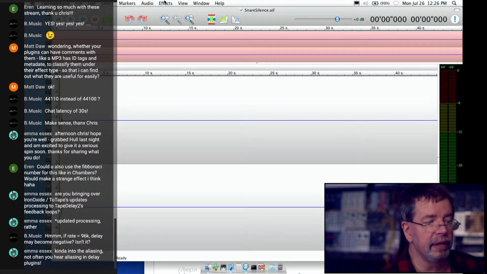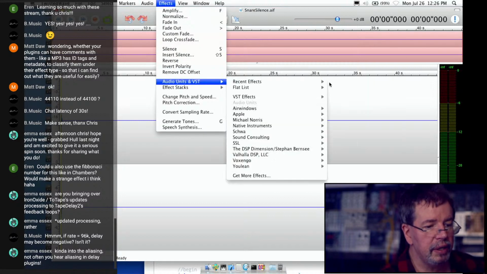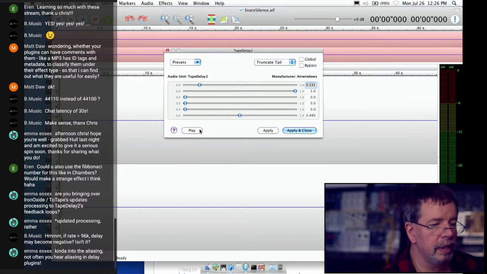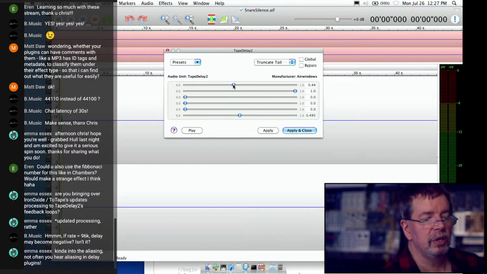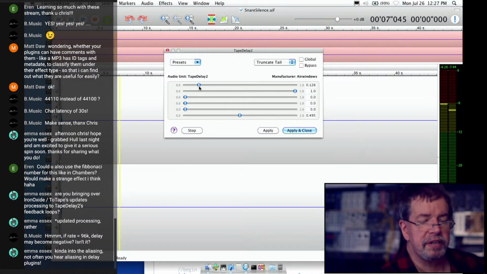I'm not sure I can. Let's go back to that and set it to a much faster rate. See, I don't think I can do this because what I need to do to demonstrate this is play it, that's not aliasing.